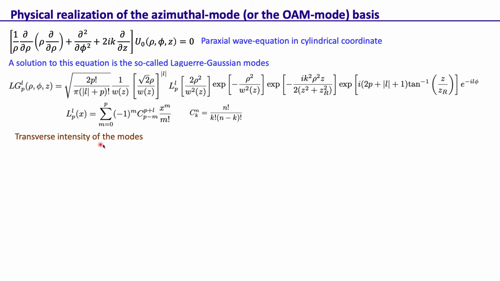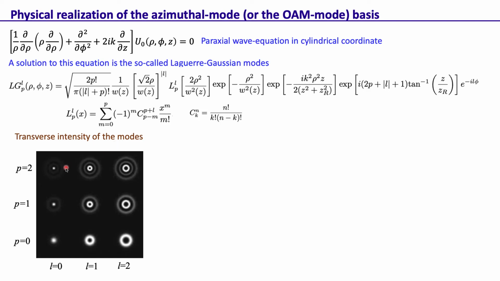The transverse intensity of these modes, if you just plot it at any given z, they are like this. So if P equal to 0 and L equal to 0, the mode looks like this. This is called the Gaussian mode, which is what we usually have in a laser beam or laser pointer.